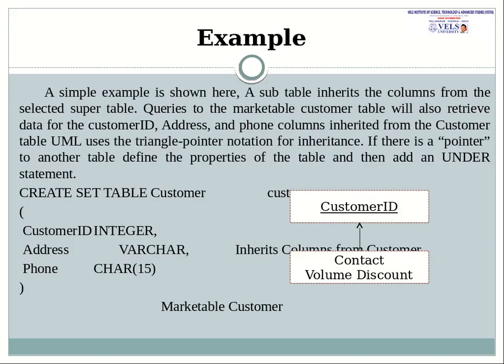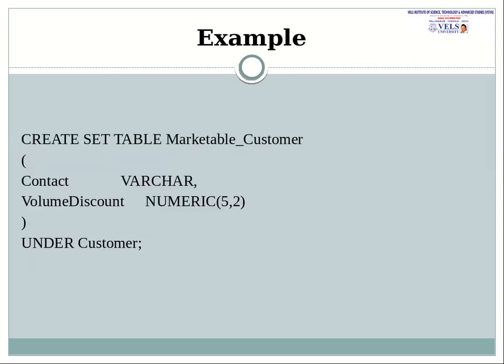This is a simple example of a customer and a marketable customer. Here the customer table has a customer ID, and the marketable customer has contact and volume discount. If you want to access a customer ID in the marketable table, the contact and volume discount are the two objects used in the marketable customer.